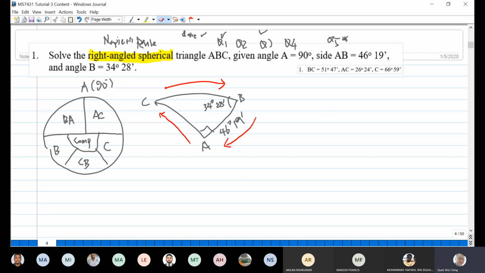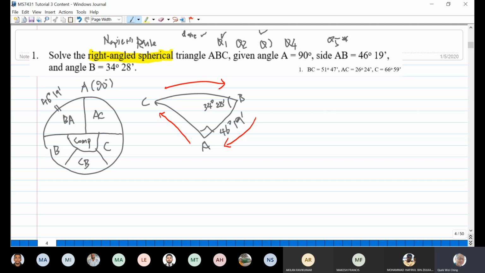Okay, so now I want to do some calculation. Let's see what calculation I get. First of all, I know AB side. So AB side is 46 degrees, 90 minutes. I know AB, which is the same as BA.